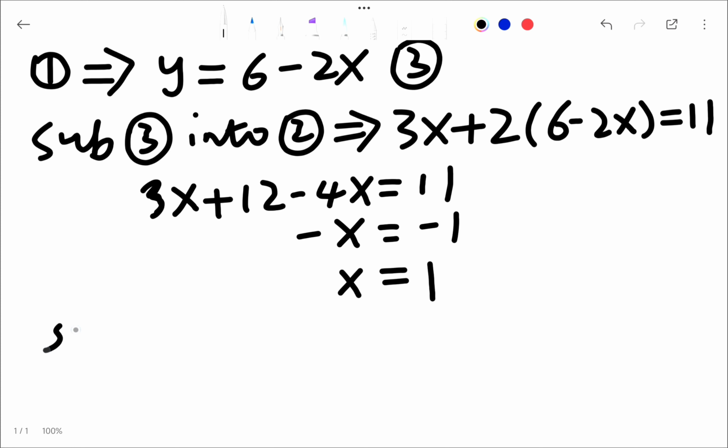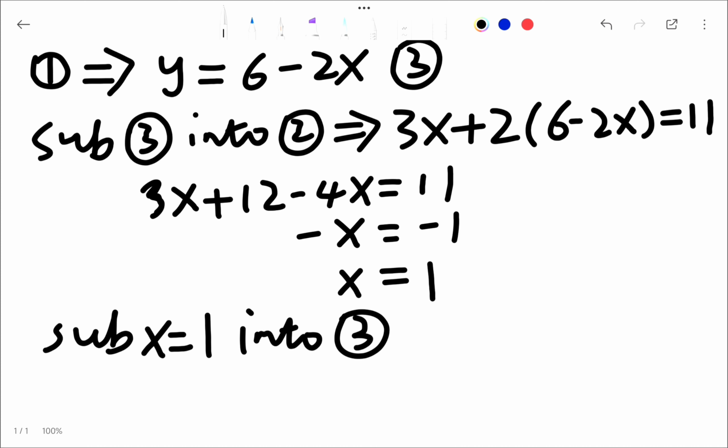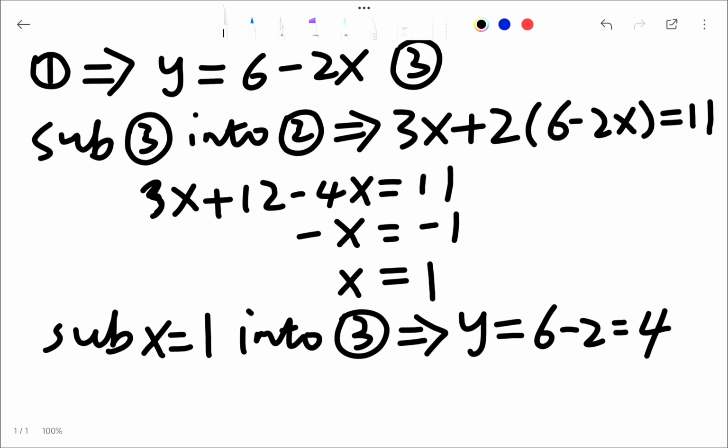We can substitute x equals 1 into any of the equations above, and I will go for number 3 because it's more straightforward for me to work out what y is. Okay, problem solved.